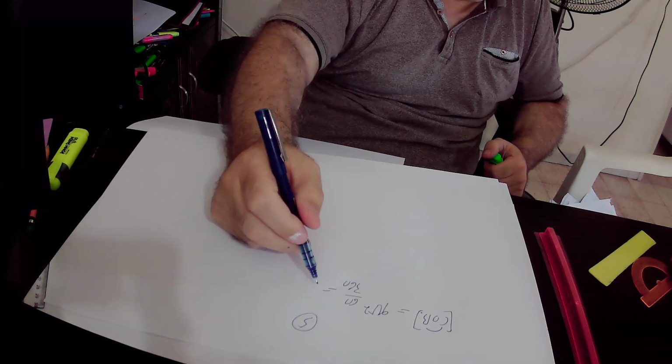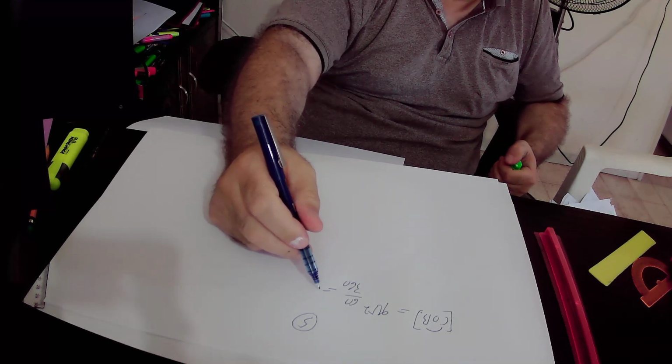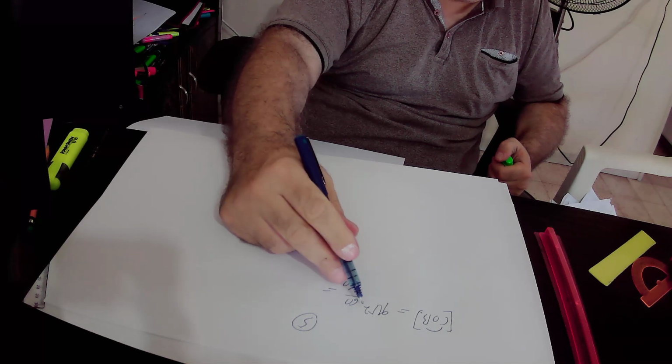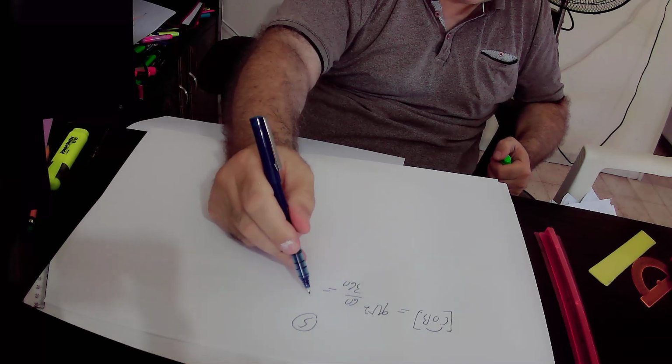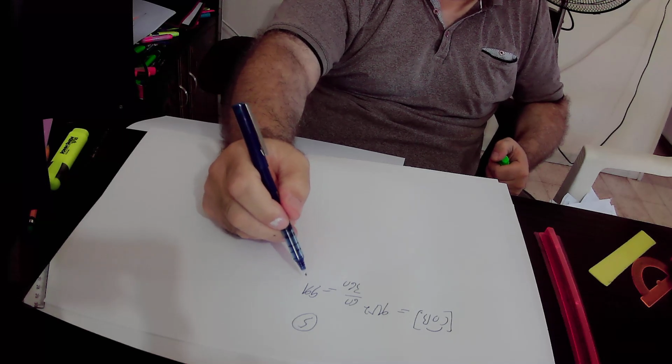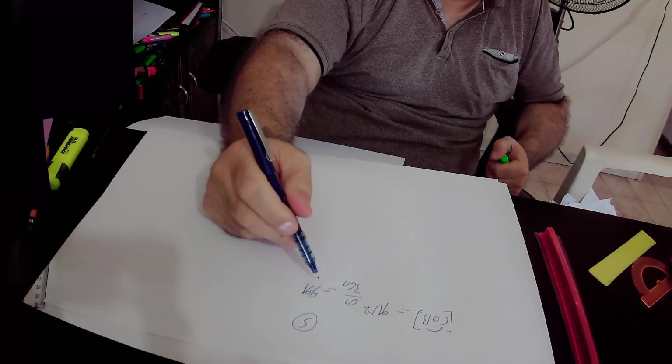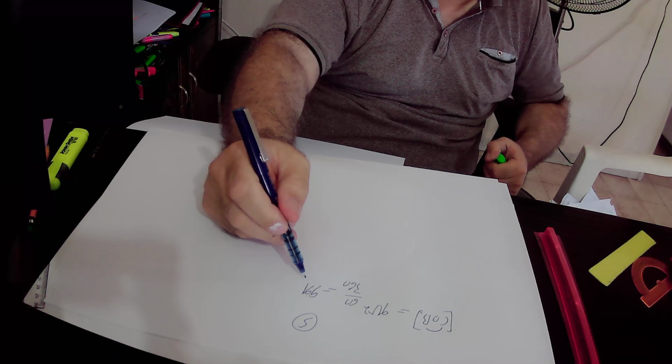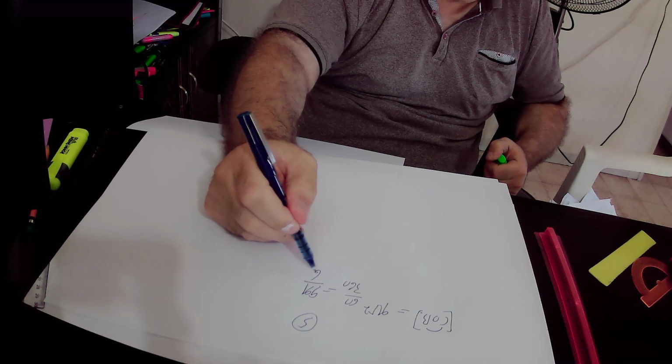R equals 3, so r square is 3 square, so in total this expression equals 9 pi. 60 degrees over 360 degrees is 1 over 6. So here we divide it by 6.